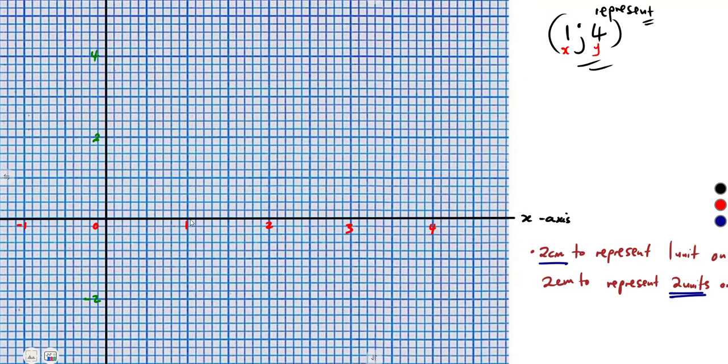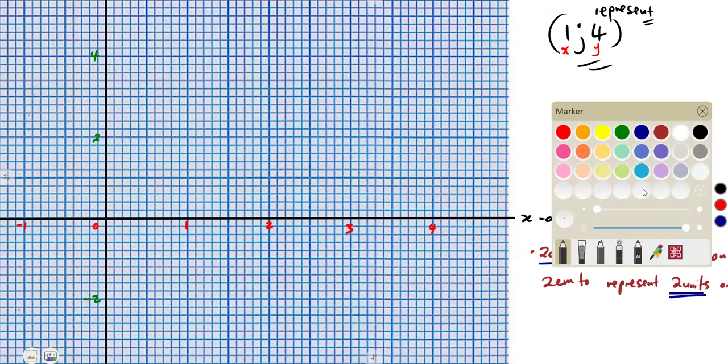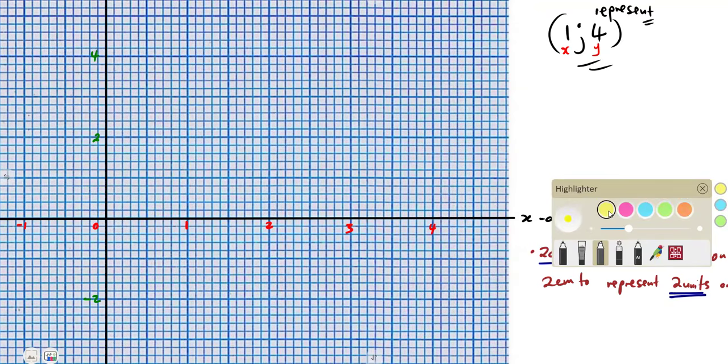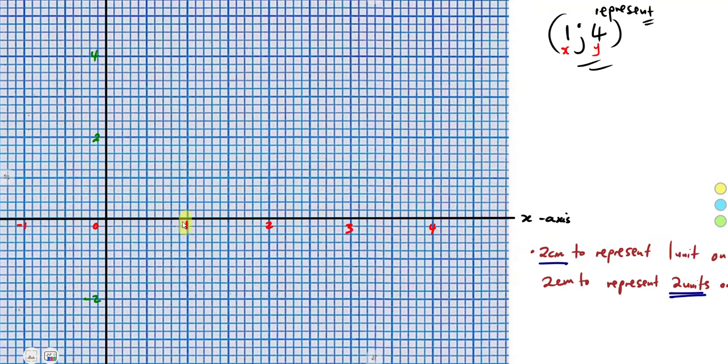The x value is 1. So you note where the x value is. This is where we've got the x value. Let me use a highlighter to indicate that. This is our x value, which is 1. And the y value is 4, which is positive.